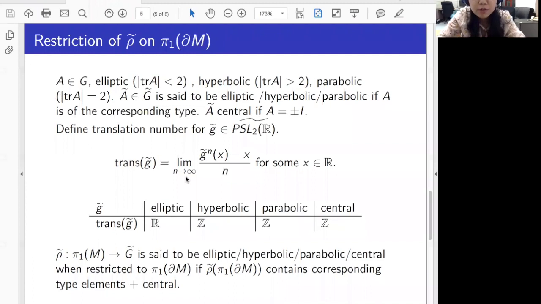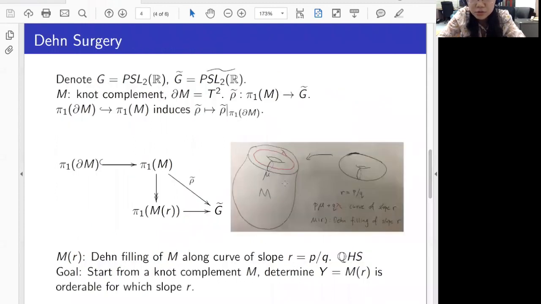Okay, but why do we need to classify these representations into elliptic, hyperbolic, parabolic, and central? This is because our goal is to study PSL2R tilde representations of M. And so I want to parameterize these representations.